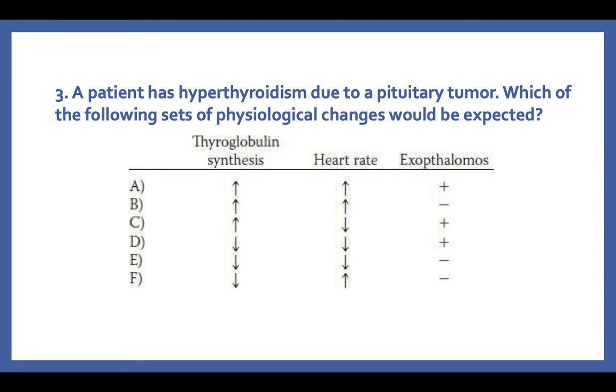The last question is, a patient has hyperthyroidism due to a pituitary tumor. Which of the following sets of physiological changes would be expected? Again, you have some time to think, and then we can get back to discussing the answers.